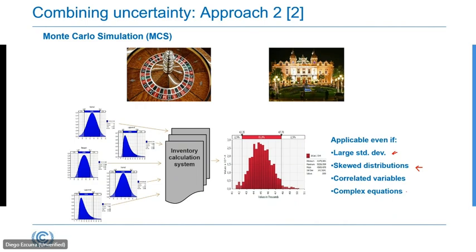We just put in the equation, and the model will apply this equation with the random inputs we included as probability density functions. So most, or I would say all, of the assumptions for the linear error propagation can be removed for the Monte Carlo simulation.